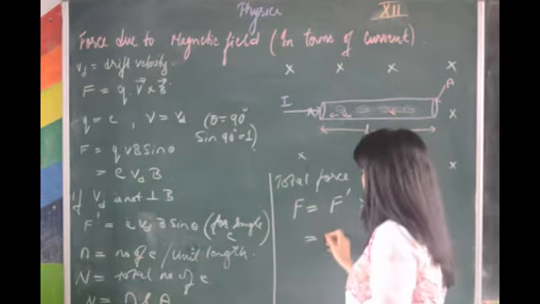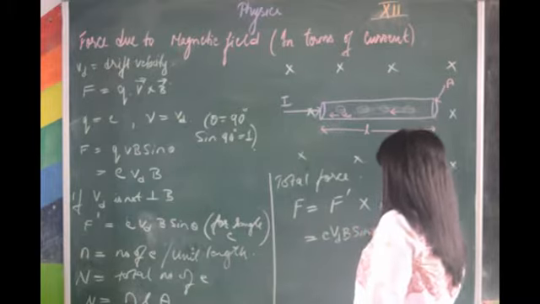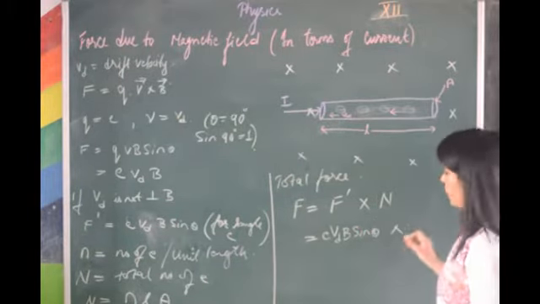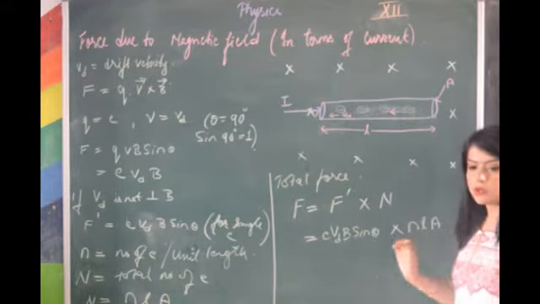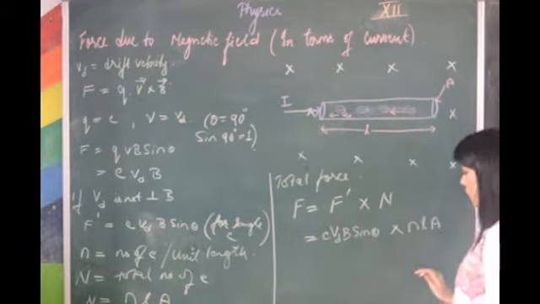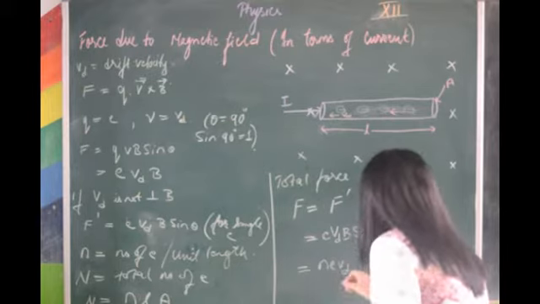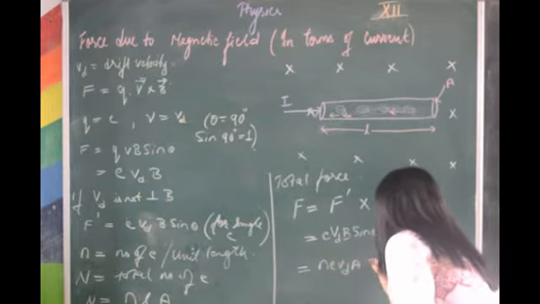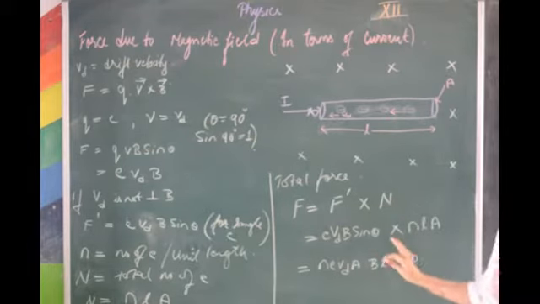Force on the single charge is e Vd B sine theta, multiplied by the number of electrons, which will be n L A. Now just rearrange this equation. We can write it this way, that is n e Vd A B L sine theta. We're just rearranging this.